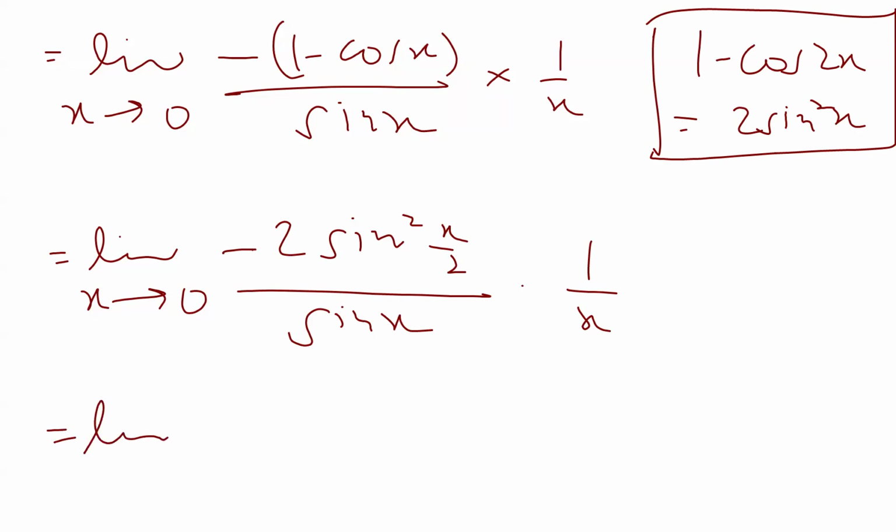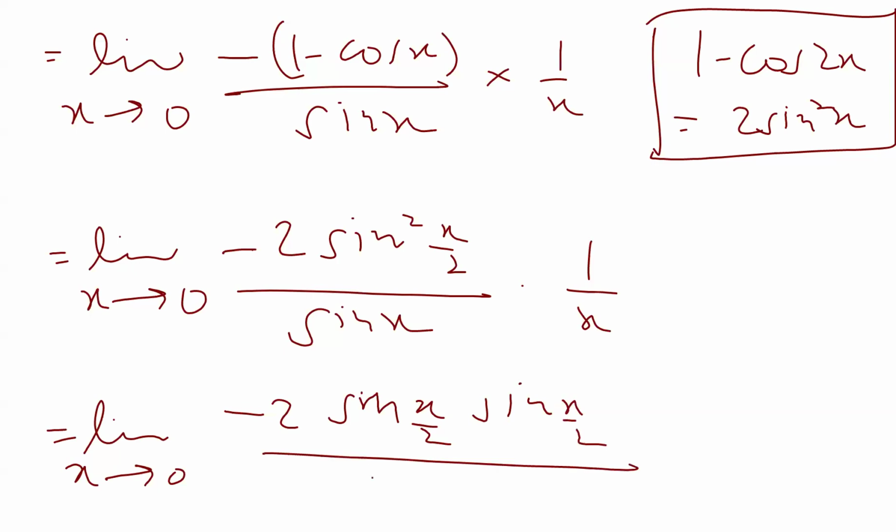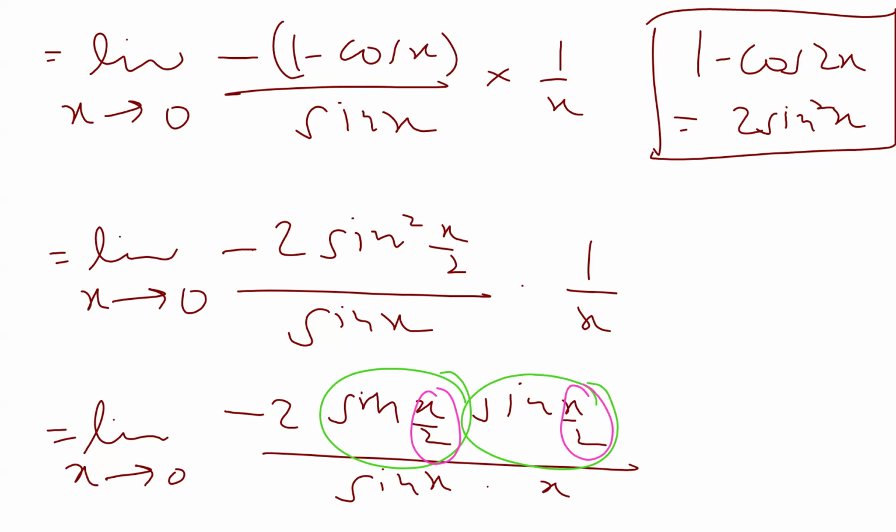So limit x approaching 0 minus 2 sin x by 2 into sin x by 2, 2 times we'll write sin x upon x. Now this sine has an angle x by 2, so beneath this sine I'll just write x by 2 and multiply by x by 2. The next sine also has an angle x by 2, so for this also I'll divide by x by 2 and multiply by x by 2.